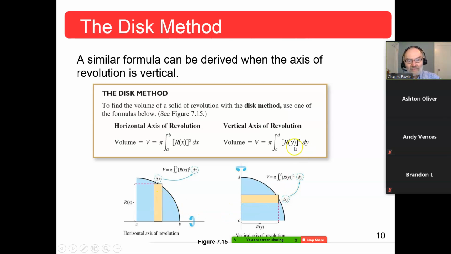Or if you're going around the y-axis here, then your volume will be pi times the integral.